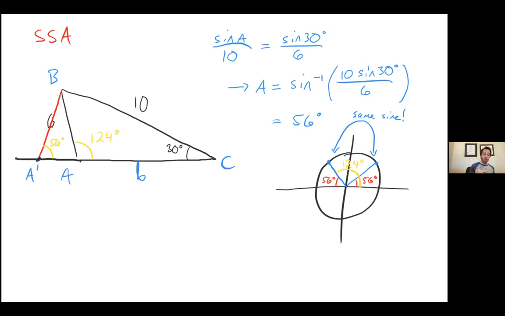You learned way back in geometry last year that side angle is not enough to solve the triangle. So hopefully if you were paying attention last year, you do remember this and you can be like, oh yeah, that's cool. So now we know how to deal with side angle. Law of sines can give weird answers based on reflecting over the y-axis, which is why when you're finding unknown angles using inverse sine, you just need to be a little bit more careful.